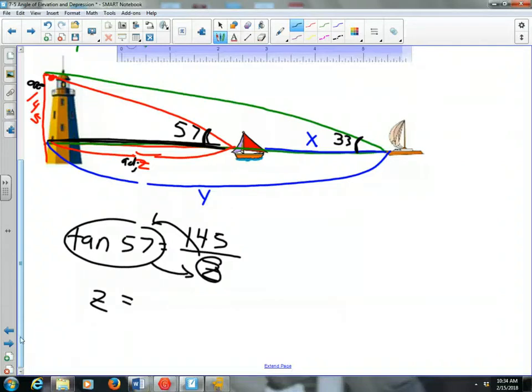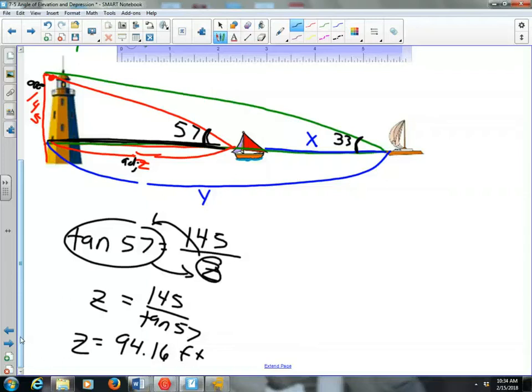And z, that distance, is 145 divided by the tangent of 57. When you put that into your calculator, you get z to be 94.16 feet. All right, this is good news. From where the lighthouse is to where that first boat is, it's 94 feet.